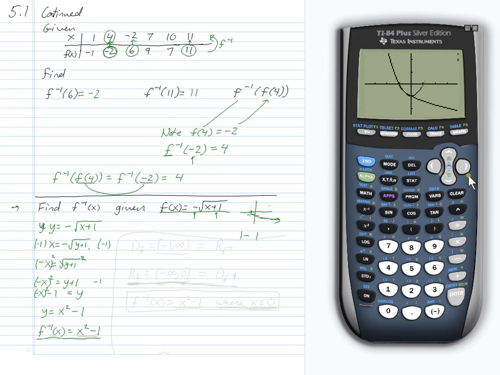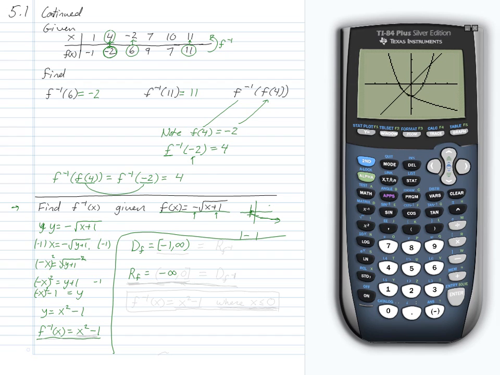Now the reason for that is that the domain of our original function is what? Well, if we look at the graph, it starts at negative 1 and goes up from there. On the other hand, the range of our original function, notice that the highest point on our graph is 0.